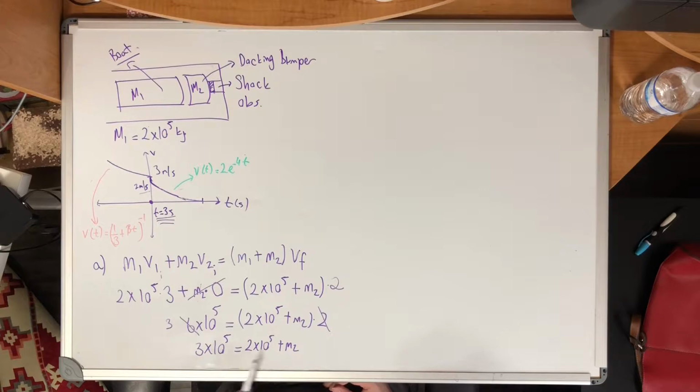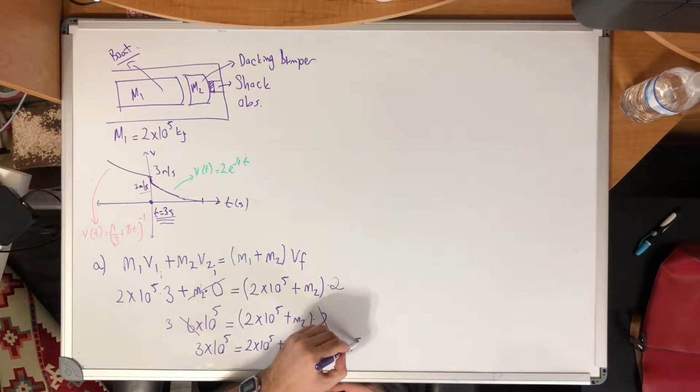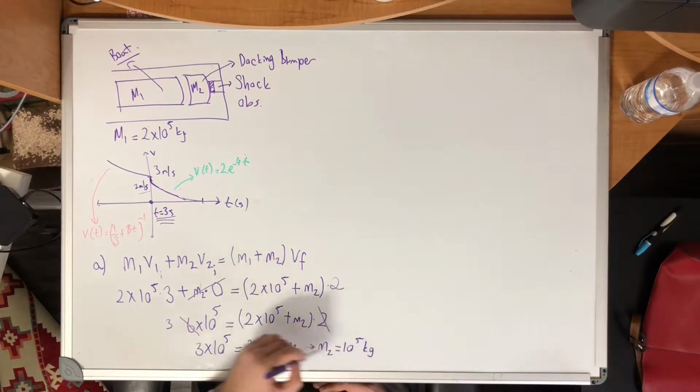Or you can see that over here, 3 times 10 to the power of 5 equals 2 times 10 to the power of 5 plus, so it's basically 2 plus 1, because think of 10 to the power of 5 as an apple: 3 apples equals 2 apples plus another apple, so that gives you m2 equals 10 to the power of 5 kg.